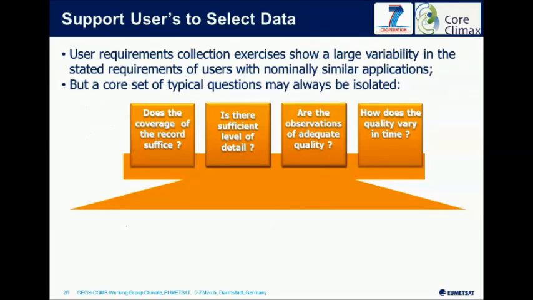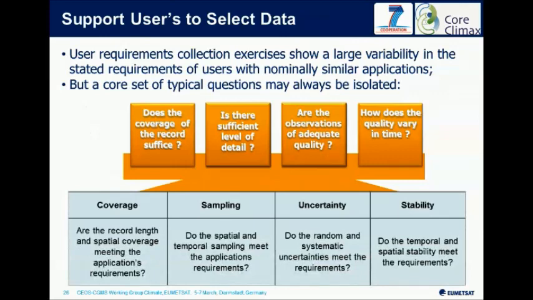And are the observations of adequate quality? Are the uncertainty characteristics provided matching the requirements of the application? And how does the quality of the data vary in time? Is there a time-varying uncertainty in it, and is that suitable for a particular application? So coverage, sampling, uncertainty, and stability are the main things we are looking at in this application performance measure.